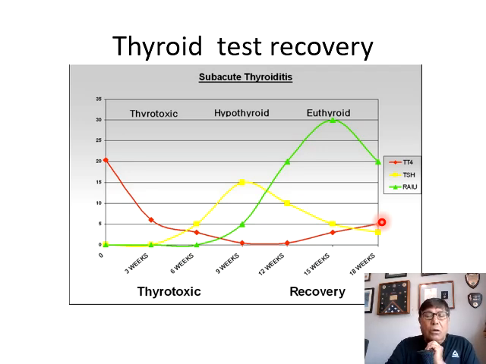One point I would like to make here is that one can see this kind of picture in Hashitoxicosis, or the toxic phase of Hashimoto's thyroiditis. Very similar picture. The only difference is that in SAT they will remain in normal thyroid function, but in Hashitoxicosis many times after that they go to a hypothyroid state, and then TSH continues to go up. So this is a point that we are going to emphasize a little bit in our next slide.